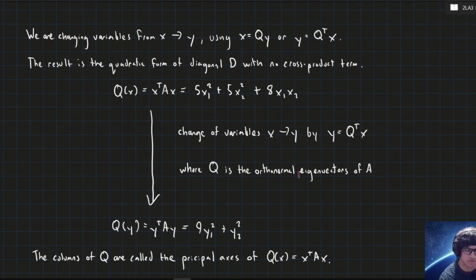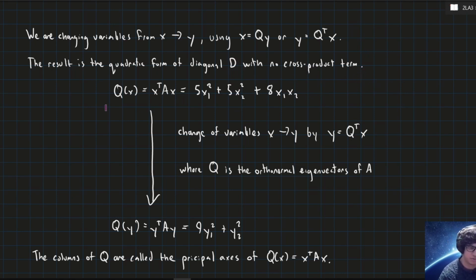This just summarizes what we did. If we change from variables x to y, and we relate the variables by the invertible Q, the result is the quadratic form of a diagonal D with no cross product term.